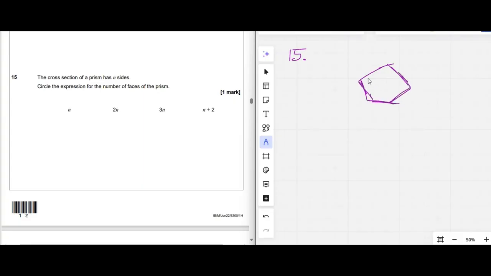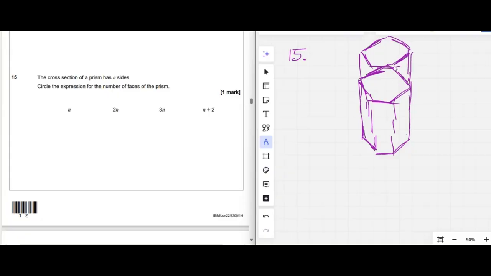If it's a cross-section, it means that it will look something like that.